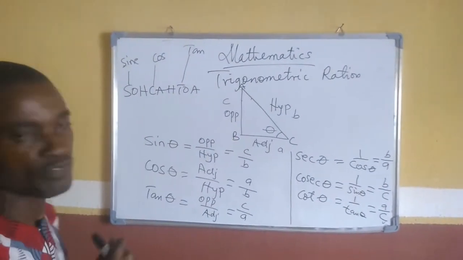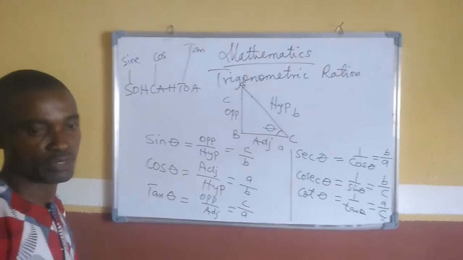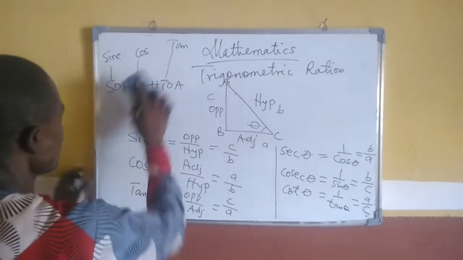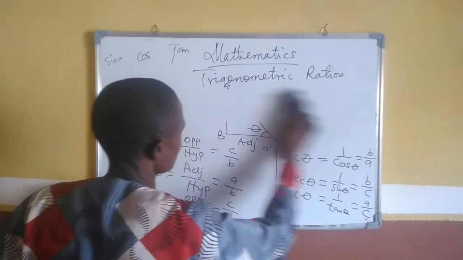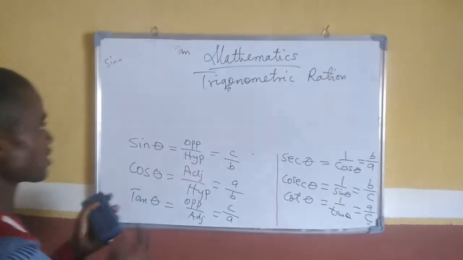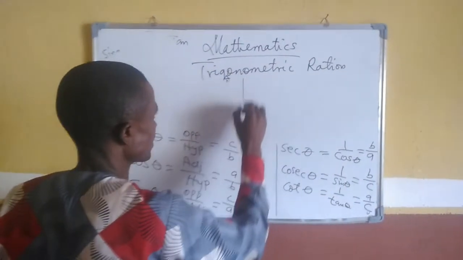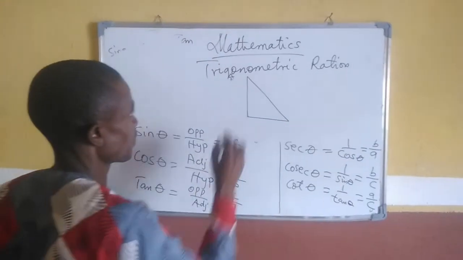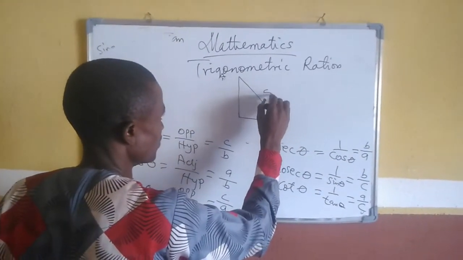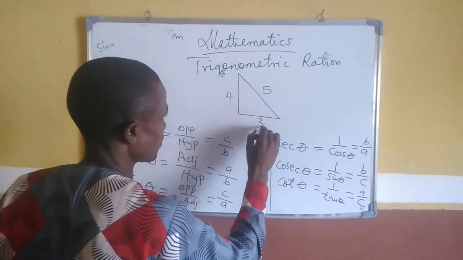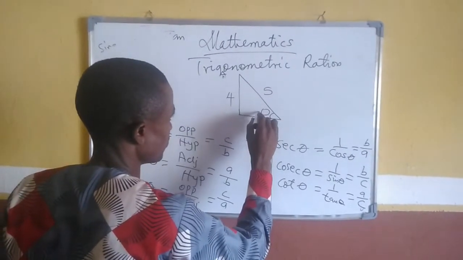Now let's solve one or two problems. Consider this triangle. Let me have 5 here, I have 4, I have 3, and this is my theta.